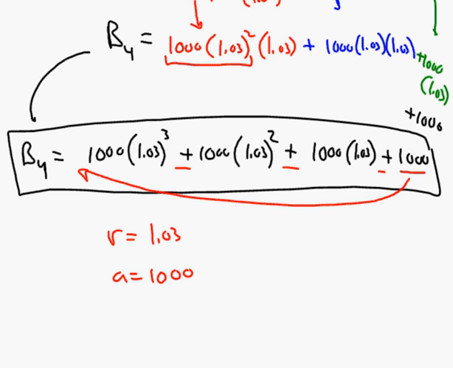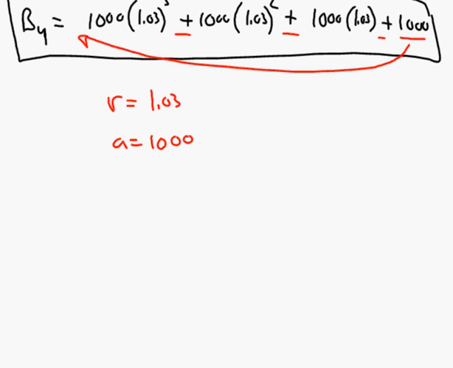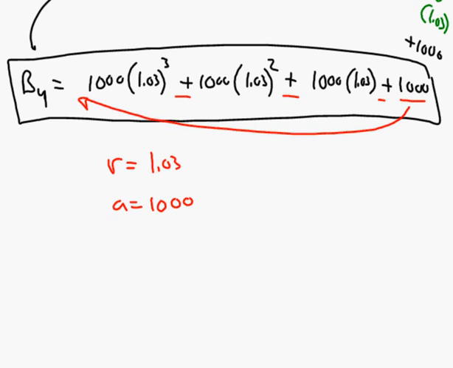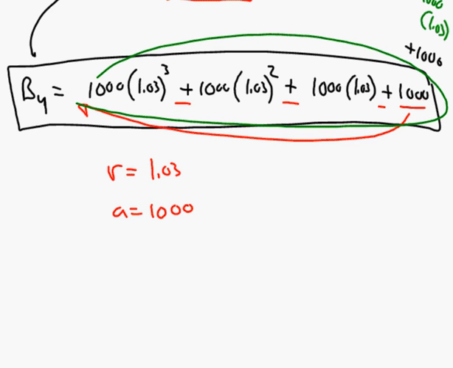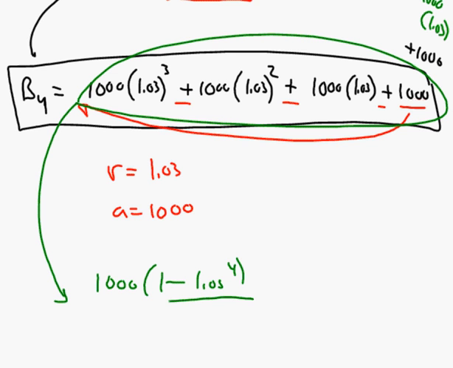And now what's really nice is I know how to find this sum, don't I? Right? The sum of this thing would be equal to the first term times 1 minus r, which in this case is 1.03, to the number of terms that I have. Well, I have 4 terms, and then I'm going to divide that by 1 minus r.